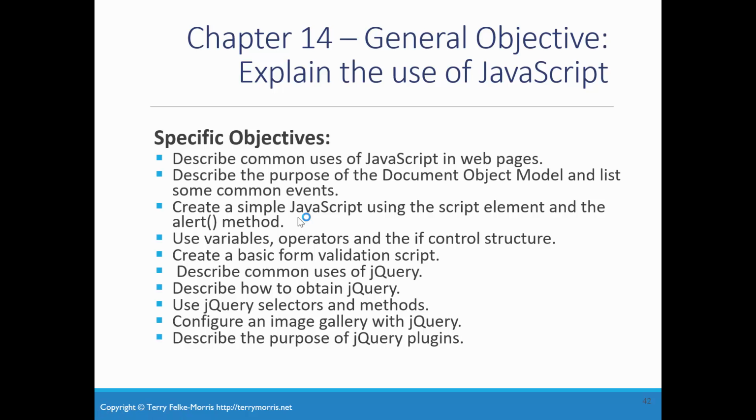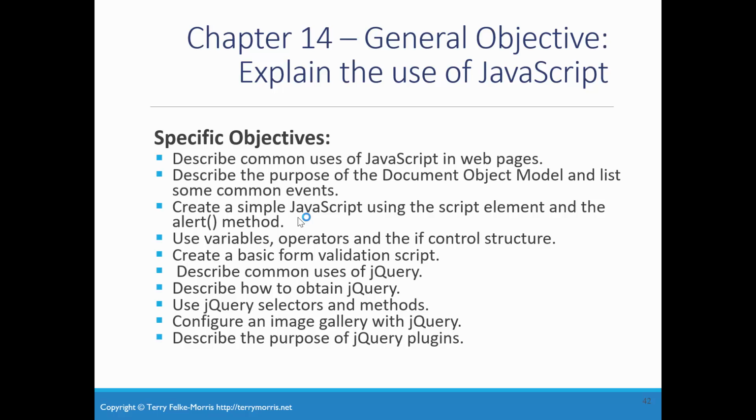So in this chapter, this was meant to just be an introduction to JavaScript and to jQuery. For JavaScript, we looked at some of the common uses of JavaScript in web pages. We talked a little bit about the DOM. You saw the alert method. I showed you some variables, some operators, and the if statement. We didn't really do anything with that validation script.